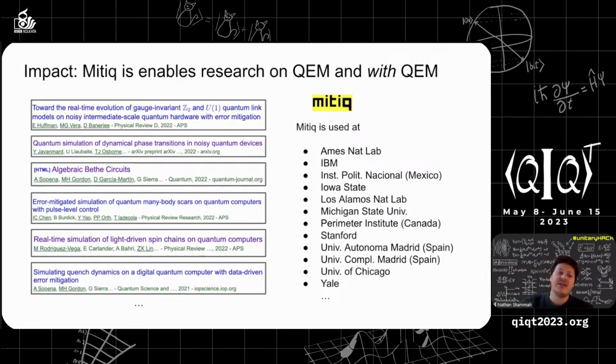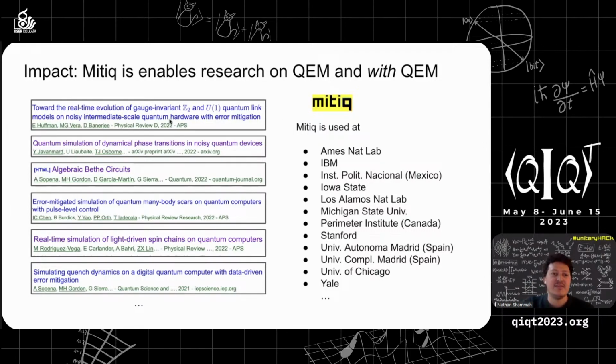So let me mention that here is a list of papers that not only cite Mitiq, but also use Mitiq in research. Mostly, as you can see from these papers, it's for time evolution of quantum systems.